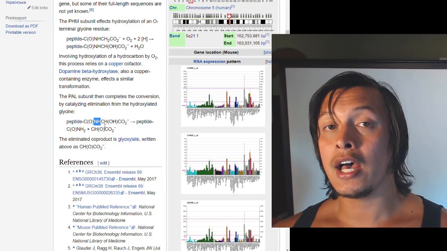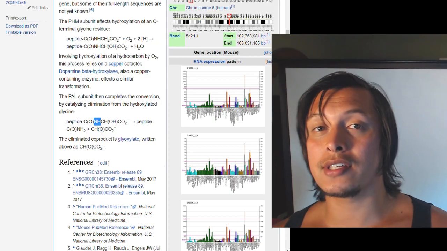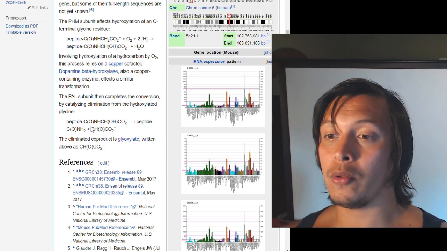It leaves that amino group as the amide group on the full peptide.